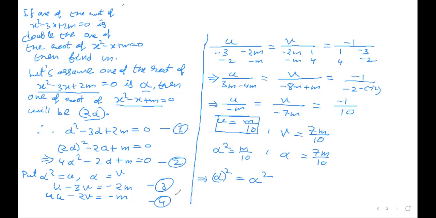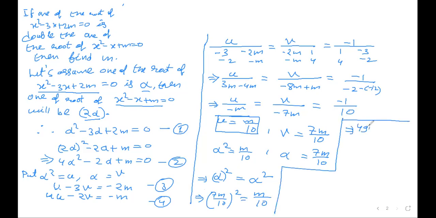Yes sir. So it implies 7m by 10 whole square. Have you understood the method or not? That is the main purpose. It implies 49m square by 100 equals m by 10.